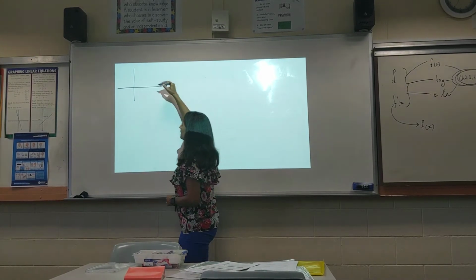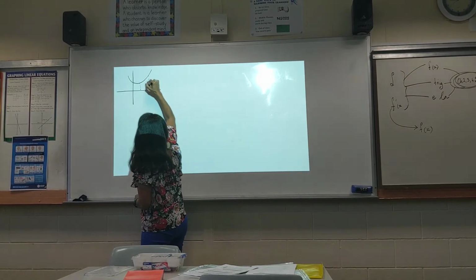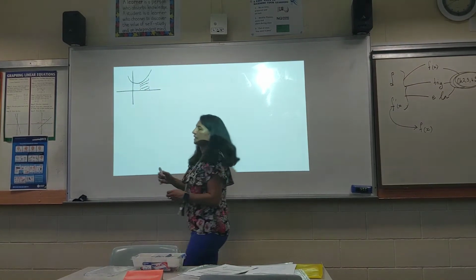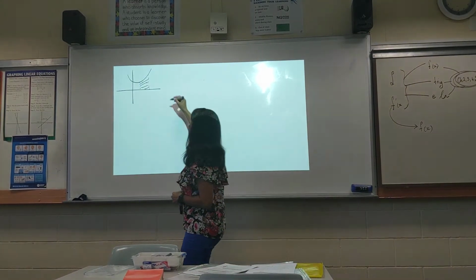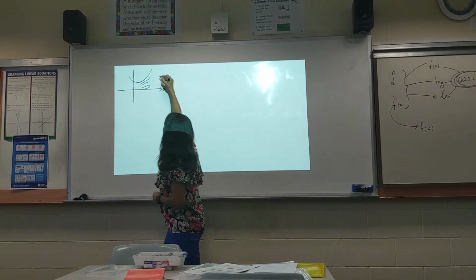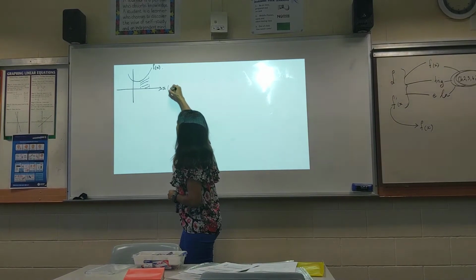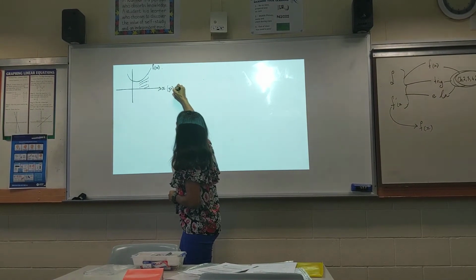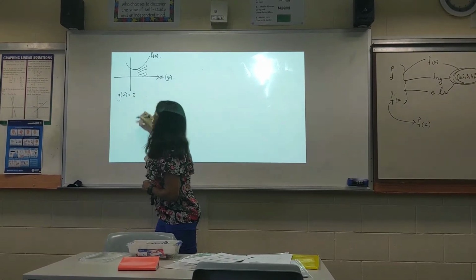We had a space like this, a little function, and we said, what if I wanted to find that area? I identified this as my x-axis, and I ended up calling the x-axis g of x. And our g of x, we said on Monday, was equal to 0.